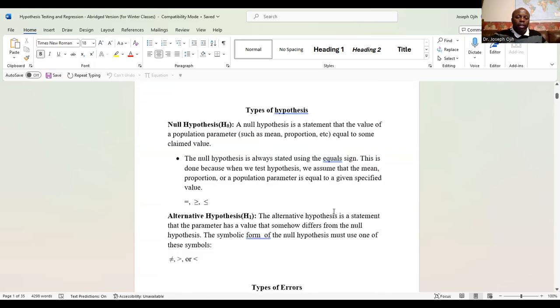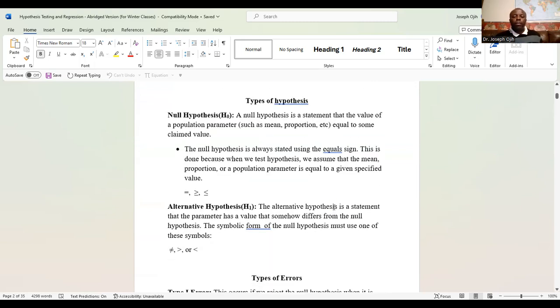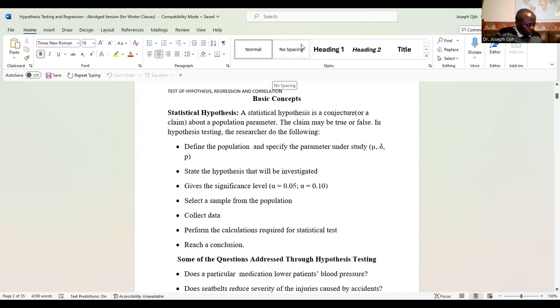So at this time, we are ready to look at the types of hypotheses we have. We have 2 types of hypothesis. One is the null hypothesis. That's the first one. We use H0 to represent the null hypothesis. The other one is the alternative hypothesis. Now, the null hypothesis is a statement that the value of the population parameter is equal to some specified or claimed value.